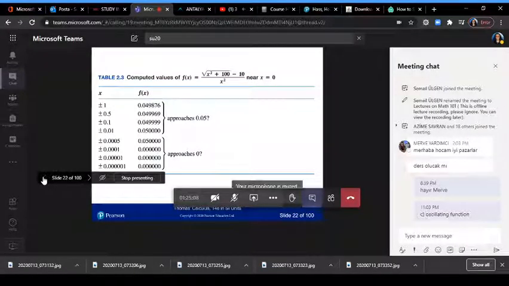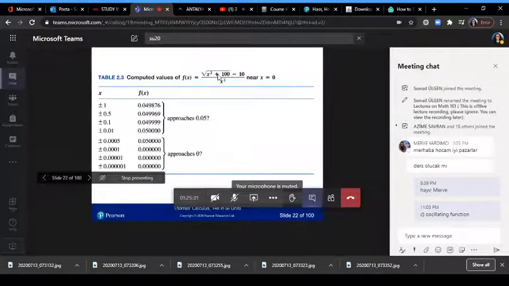So let's say we have an example which contains a root function. This is the root function, square root of x squared plus 100 minus 10, over x squared. And we want to compute the values of f of x near x equal to 0.